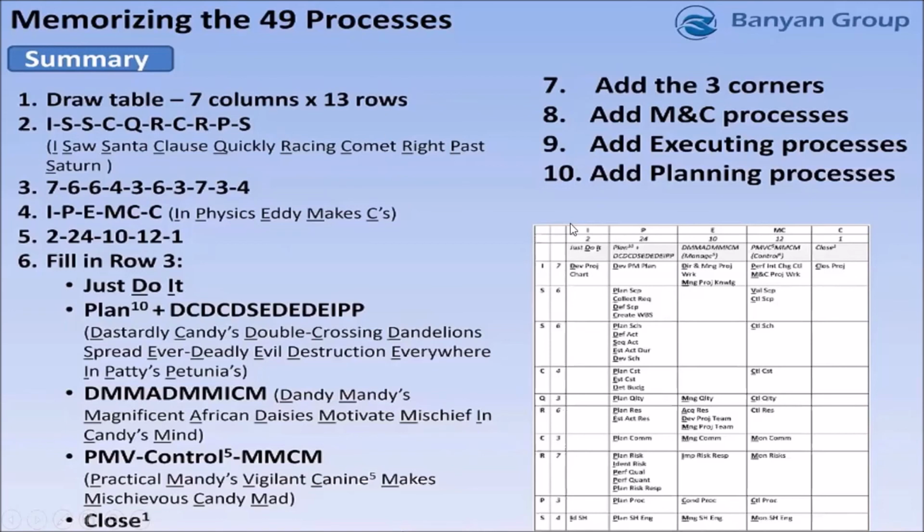And remember, I saw Santa Claus quickly racing comet right past Saturn, for integration, scope, schedule, cost, quality, resource, communication, risk, procurement, and stakeholder. And IPEMCC: initiation, planning, execution, monitoring and control, and closing. Then you remember all these process groups.